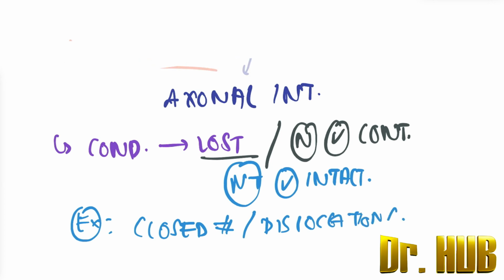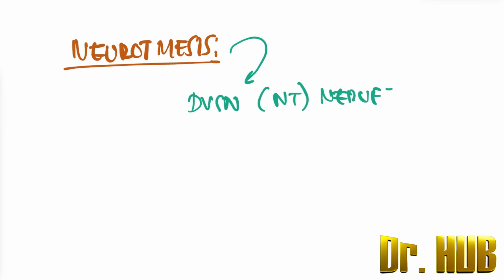Lastly we move on to neurotmesis. In neurotmesis, there is a division of the nerve trunk, and endoneural tube destruction also occurs.